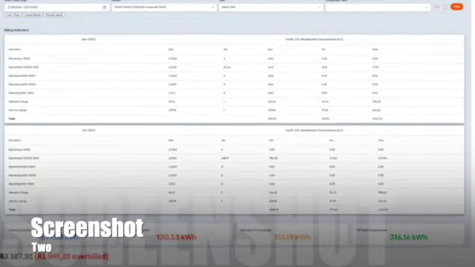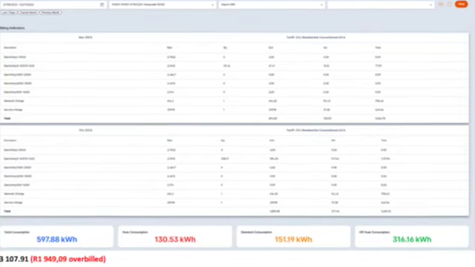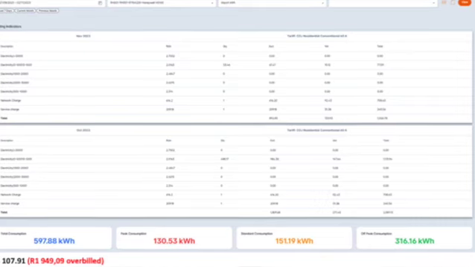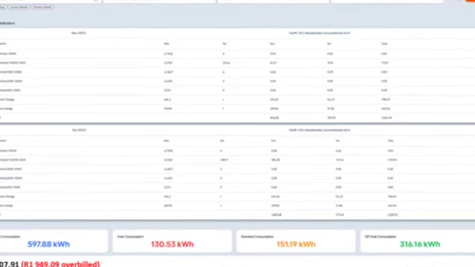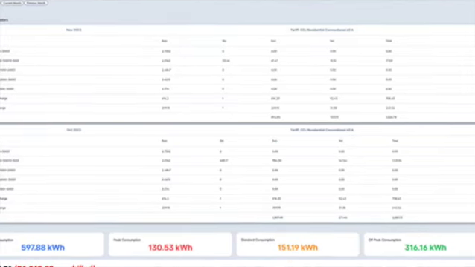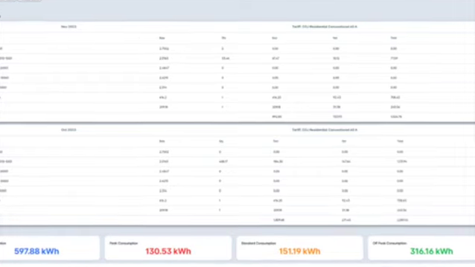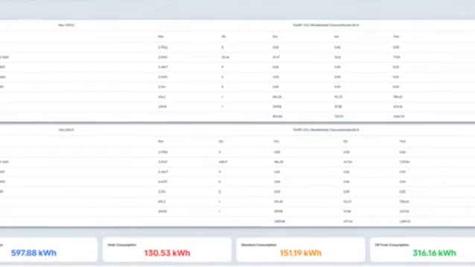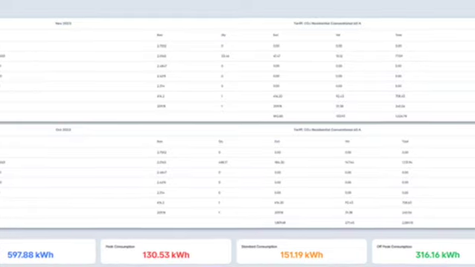The next screenshot is actually off our system. It bills for the fixed charges over the period, and it shows that the actual consumption is 597 kilowatt hours, and you will see that being overbilled by 1,949 Rand and 9 cents.